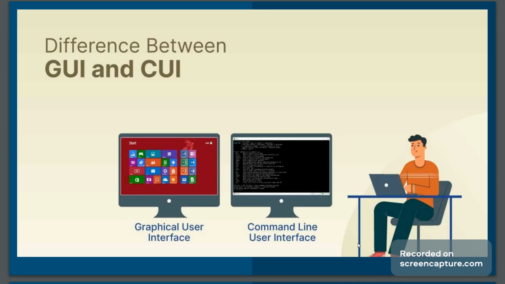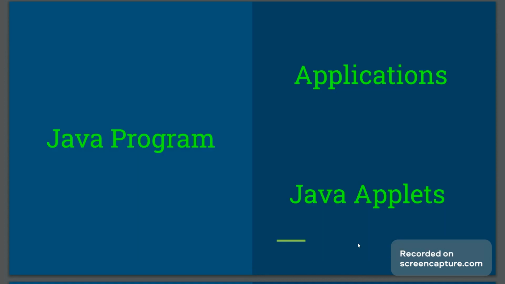Of course, that makes a big difference when selecting a GUI interface instead of a command line interface. Now, using Java, we can develop two types of programs: applications and Java applets.